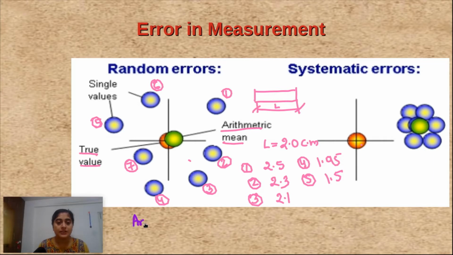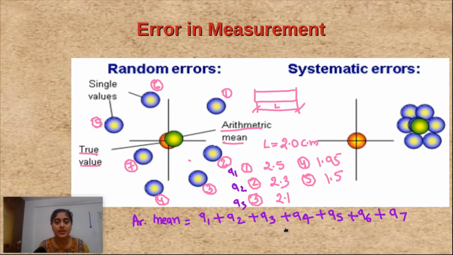Whatever values are there, suppose they are A1, A2, A3, like this, up to A7. The arithmetic mean is (A1 + A2 + ... + A7) divided by 7. So whatever random values you are getting, you can get the arithmetic mean by adding all the values and dividing by the number of values.